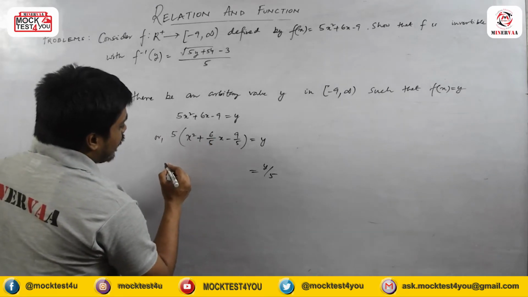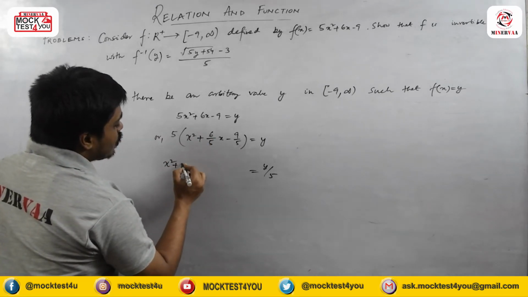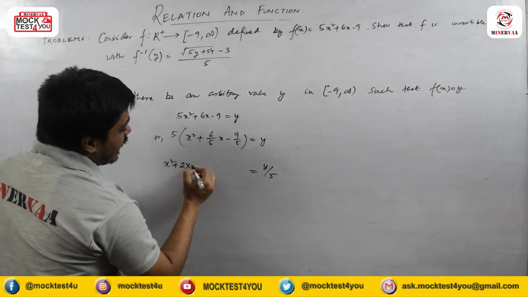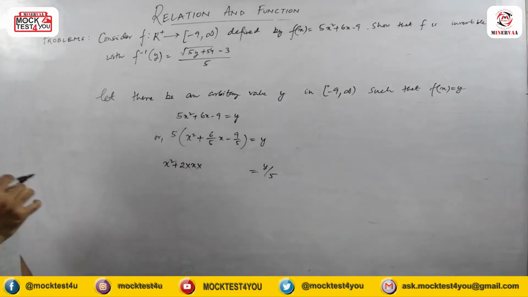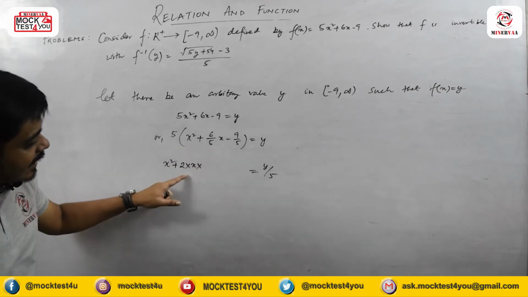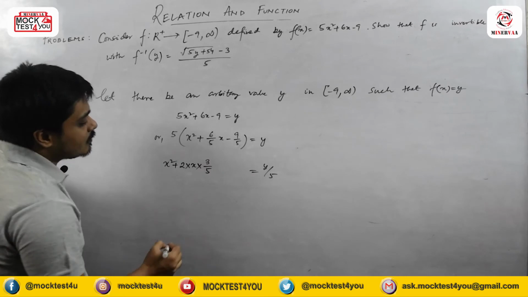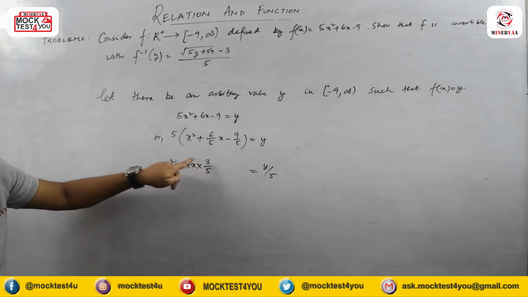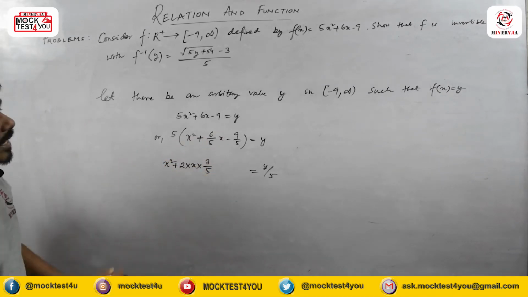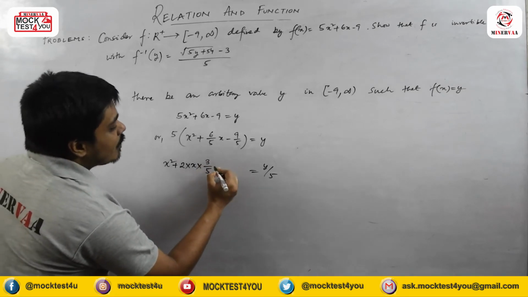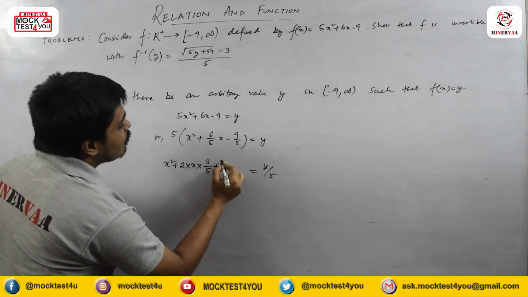So I get x square plus 2 into, what is a? A is x, into, what should be b such that I get 6 by 5 x in here? The b will be what? 3 by 5. Look, 2 into 3, that is 6. 6x by 5. So I get this thing. So my b is 3 by 5. So I will write here 3 by 5 whole square.